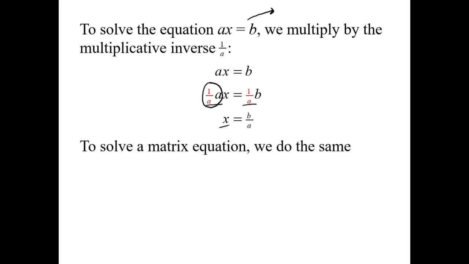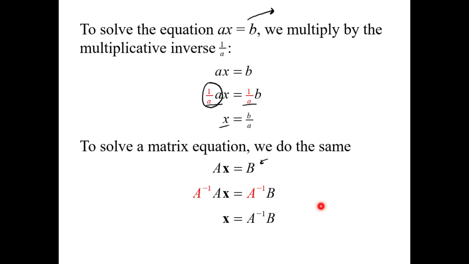Well, let's consider a matrix equation. Ax equals b. And I'm realizing now this b should probably be a vector instead of a capital B, but you get the point. To solve for x, one option here is, we want to get rid of A. Well, unlike numbers, we can't divide by a matrix. There is no such thing as matrix division.